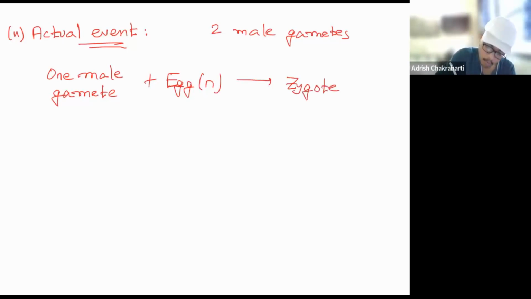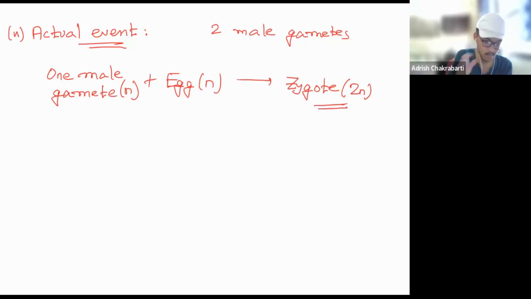It is also important to note the ploidy level of each of the participating members of this whole double fertilization process. So you have one male gamete, N. It is going and fertilizing the ovum, that is also N, resulting in the formation of the zygote.